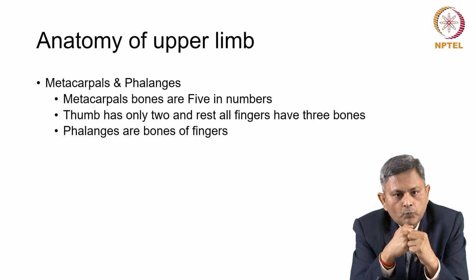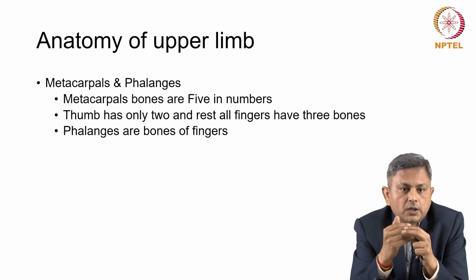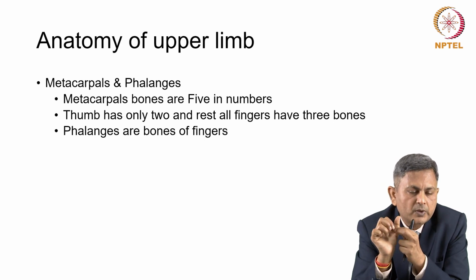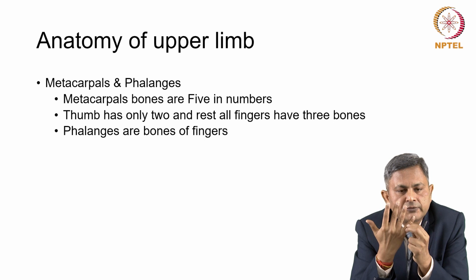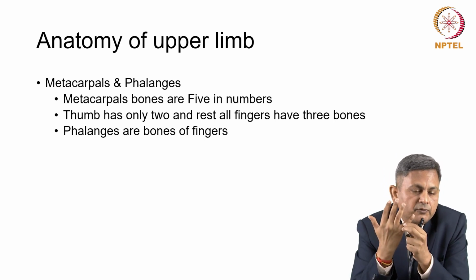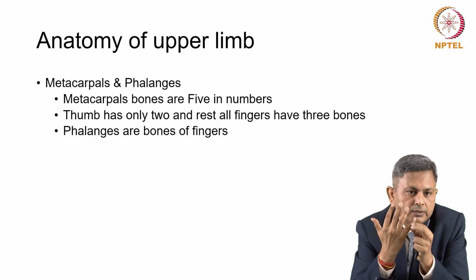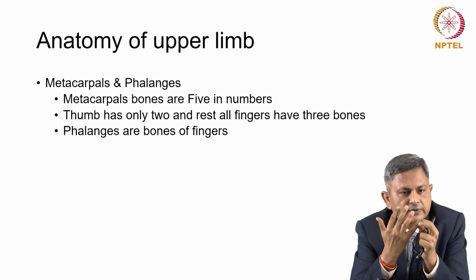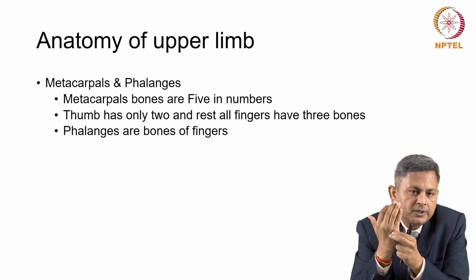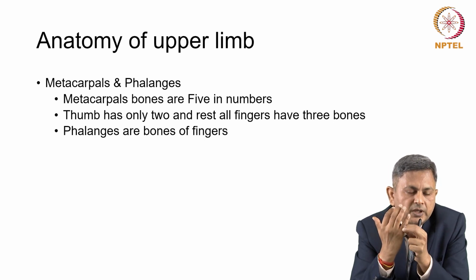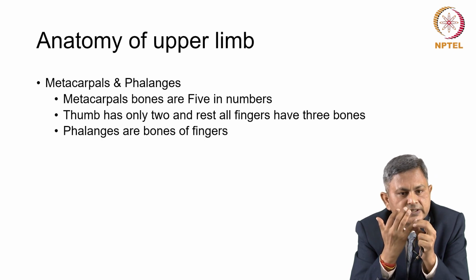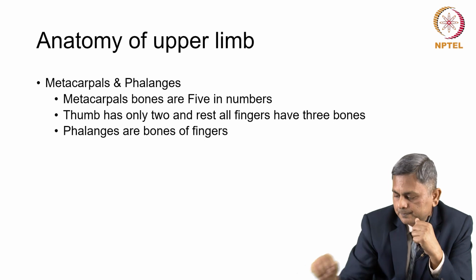And phalanges: in the thumb there are only two phalangeal bones, and the rest of the fingers have three phalanges: proximal, middle, and distal phalanges. And they make the metacarpophalangeal joint, proximal interphalangeal joint, and distal interphalangeal joints.